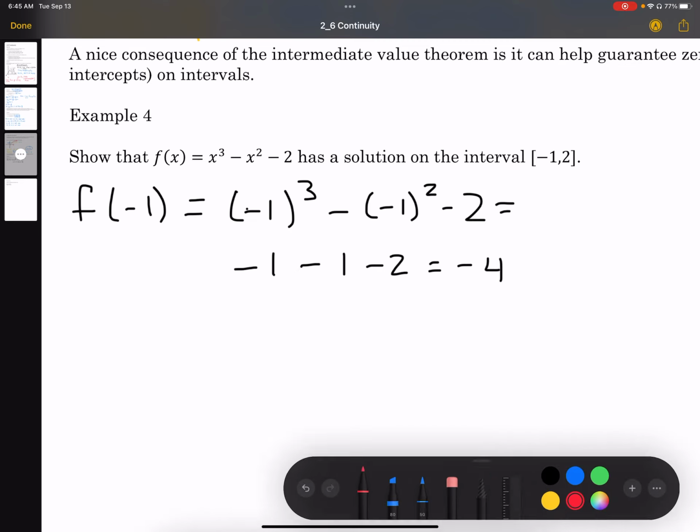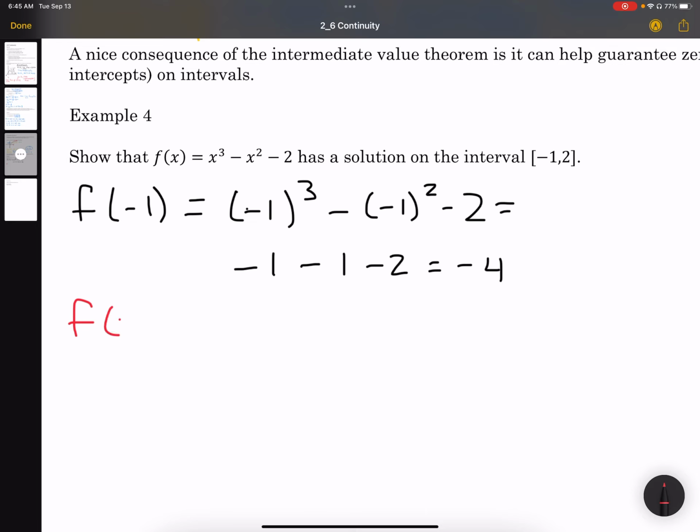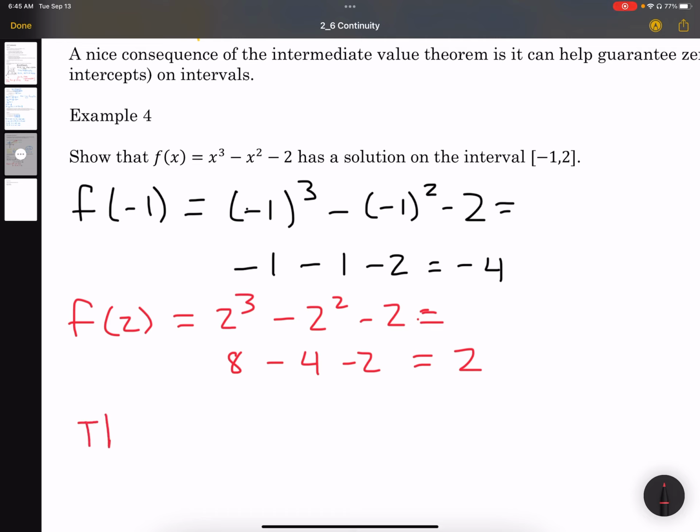So then f of 2 is going to equal 2 cubed minus 2 squared minus 2, which is 8 minus 4 minus 2, which equals 2.